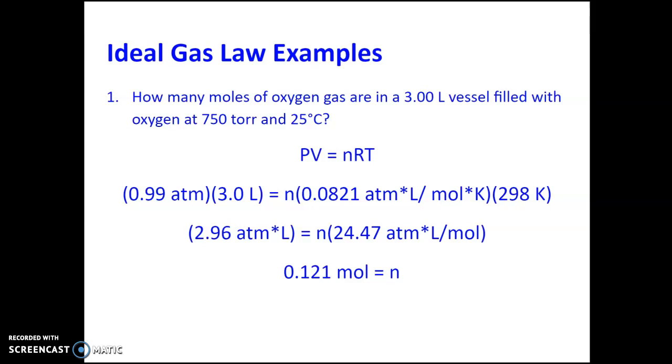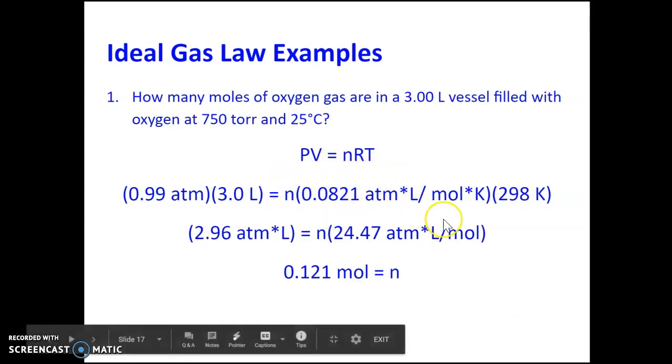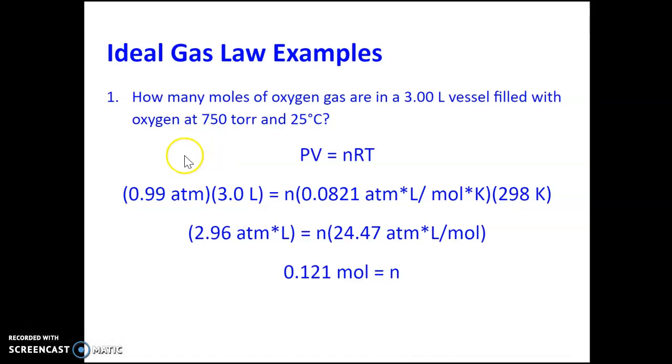All right, how do we use this ideal gas law? How many moles of gas are in a 3-liter vessel filled with oxygen at 750 torr and 25 degrees Celsius? I just need to plug in my variables. I'm going to change my torr to atmospheres so that I can use my atmosphere constant for R, but you could use the torr constant if you wanted.